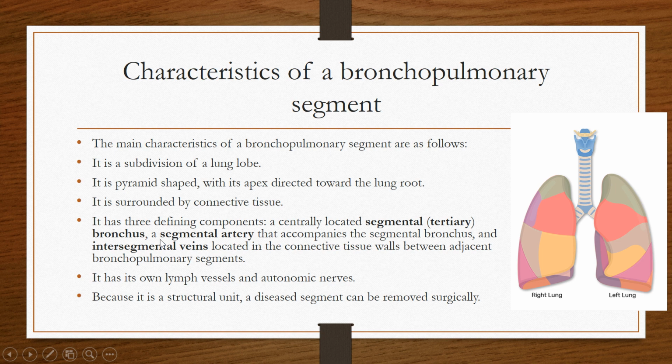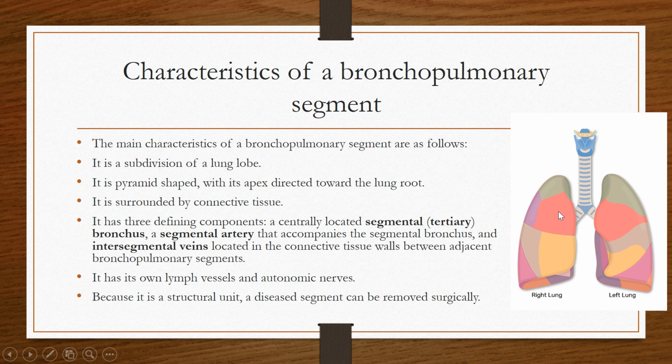Number 2 component is the segmental artery. The segmental artery will be present along with the segmental bronchus, and there is the intersegmental vein which is located in the connective tissue walls between the adjacent bronchopulmonary segments. I will revise again. See my cursor. I am moving it along the bronchopulmonary segment. This is one segment.